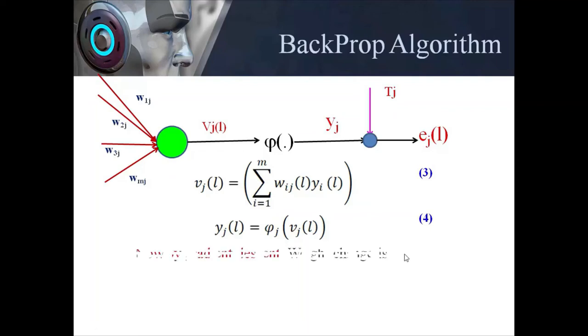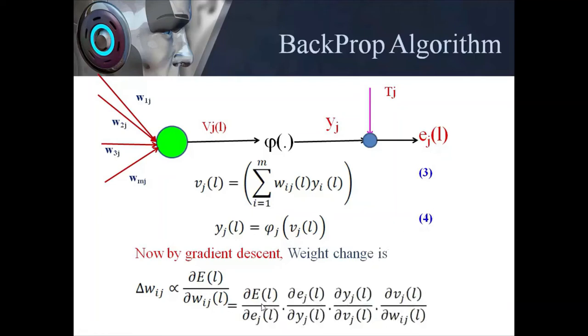So with this, I use gradient descent. The weight change is going to be proportional to the gradient of the error cost function with respect to the weight of the jth neuron.